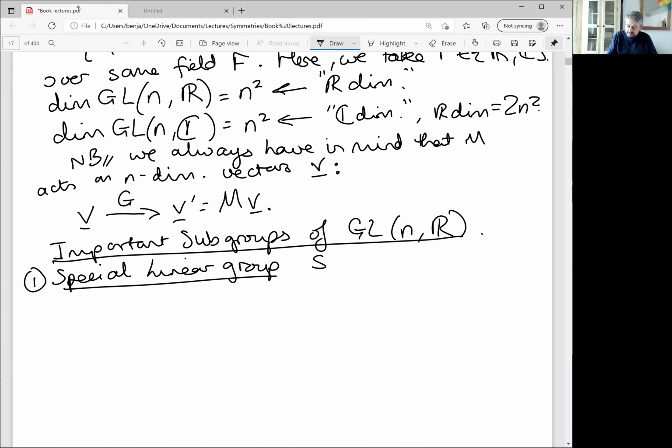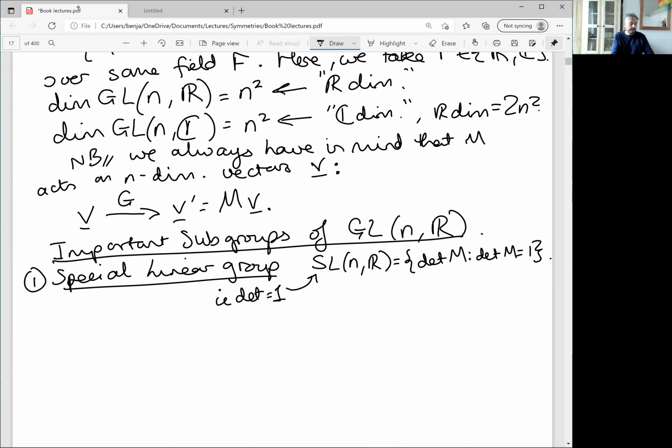This is written SL n over the reals, and this is the set of all n by n real matrices where the determinant is equal to 1. So in other words, the special stipulation means that the determinant is plus 1.